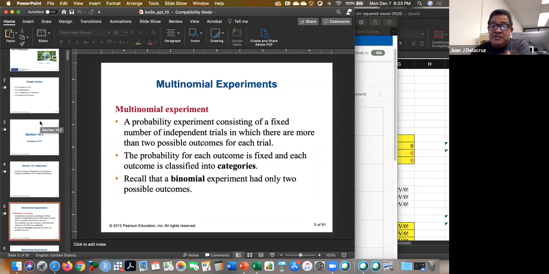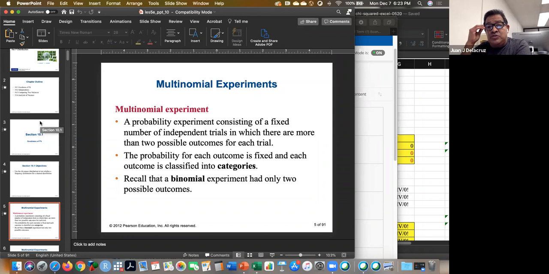So multinomial expands the notion of the binomial. We are going to be using percentages. So the proportions now are not going to be only failure and success. It's going to be different categories.